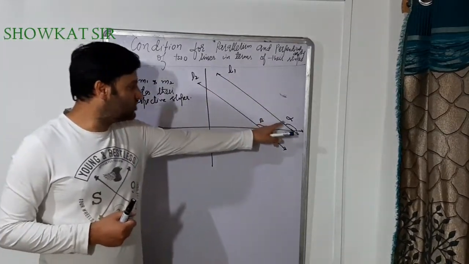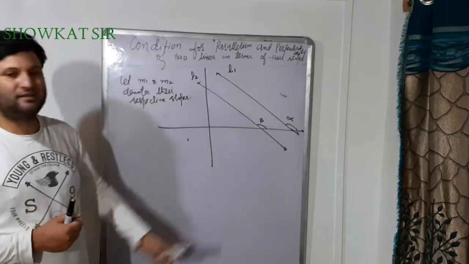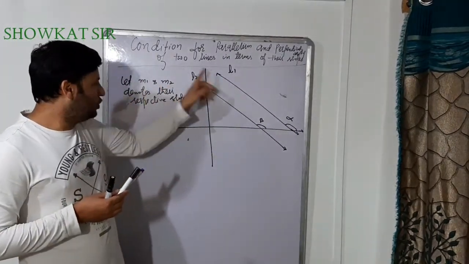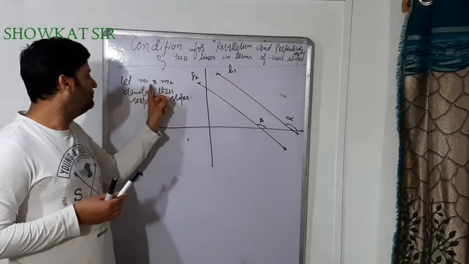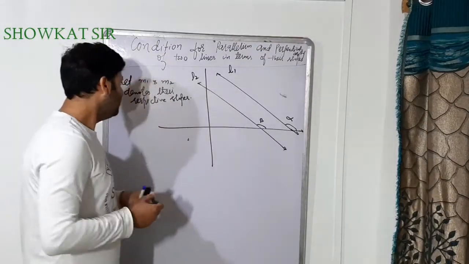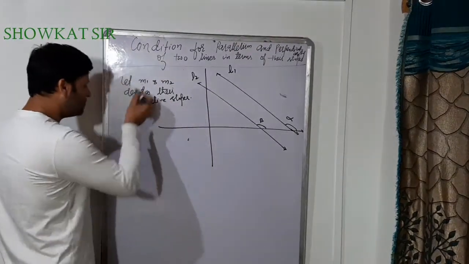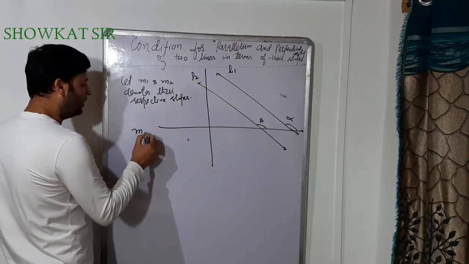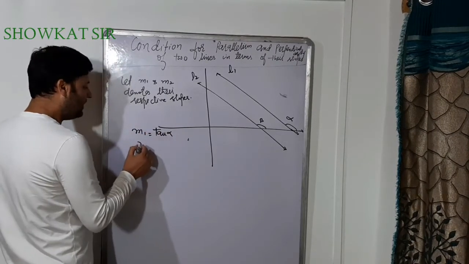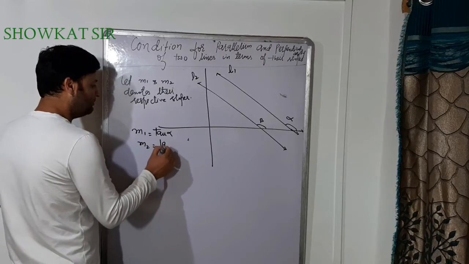L1 makes inclination alpha with x-axis, L2 makes inclination beta with x-axis. Let M1 denote the slope of line L1 and M2 denote the slope of line L2. Okay, dear? Then using the definition of slope, we have M1 is equal to tan alpha. We have M2 is equal to tan beta.